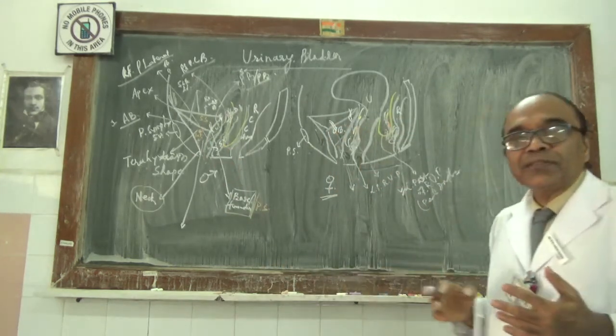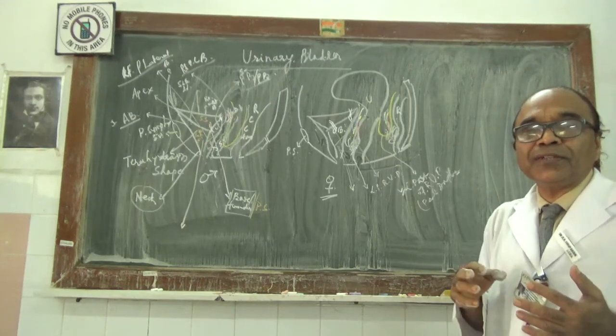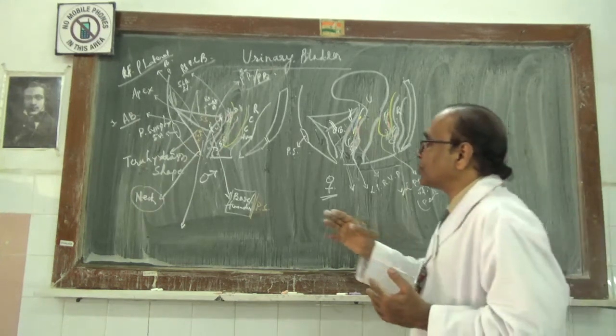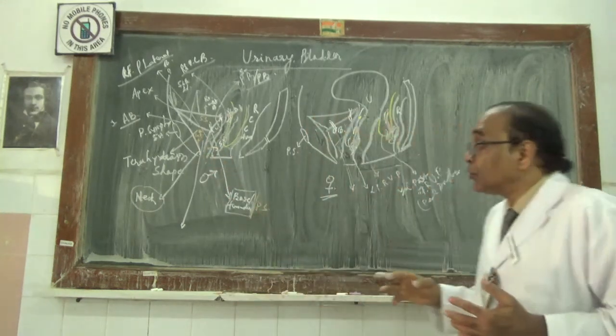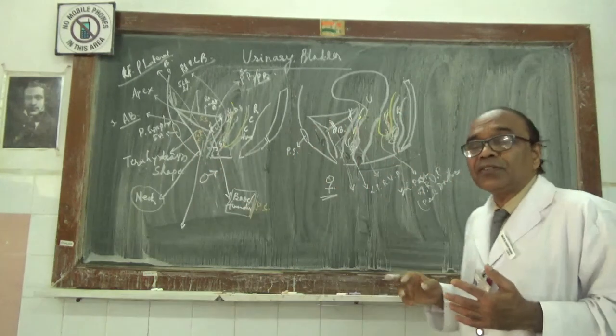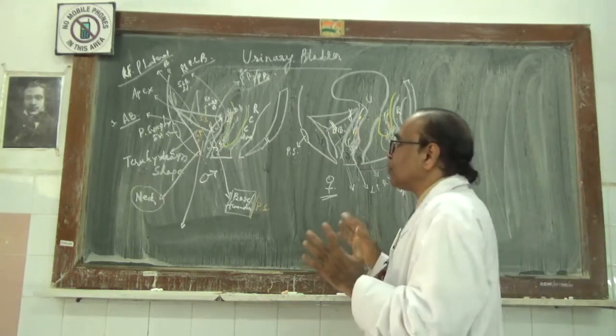Then the anterior part of the ischial tuberosity, where the pudendal nerve rushes forwards. So this is the relation of the infralateral surface in male and female together. No change will be there.